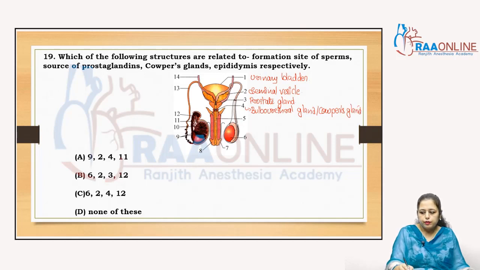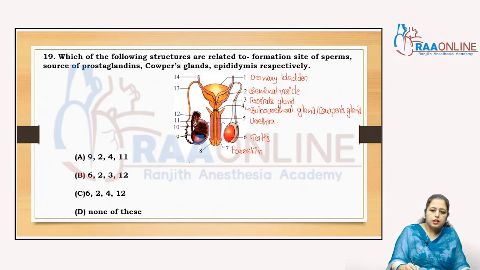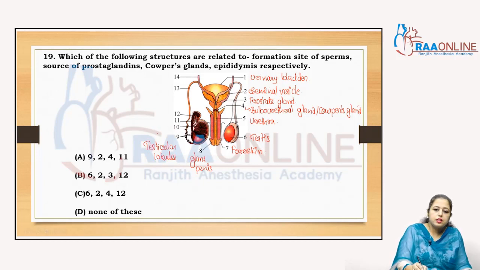That fifth one is the urethra. That sixth is the testes. That seventh one is the foreskin. That eighth is the glans penis. The ninth one is the testicular lobules. The 10th is the rete testis.